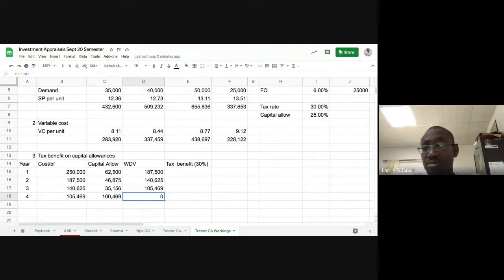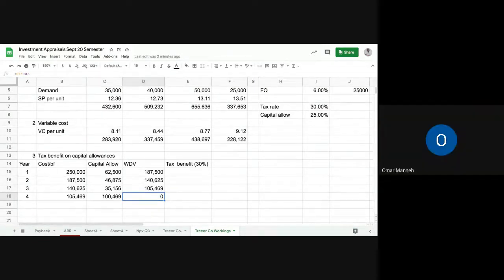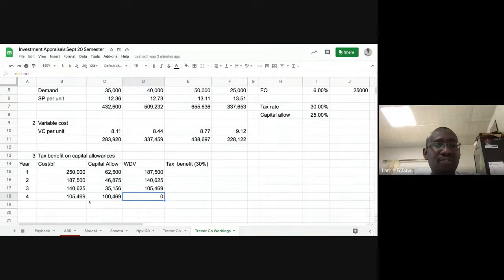Is it clear now, Omar? Yes, like for this, the written down value for the last year, is it going to be like 105,000 minus 105,000? 105,469 minus 105,469. So that will be 0. Okay, thank you.